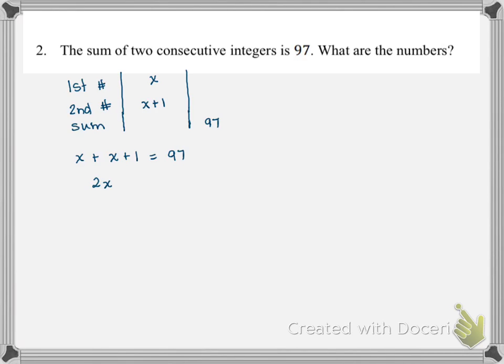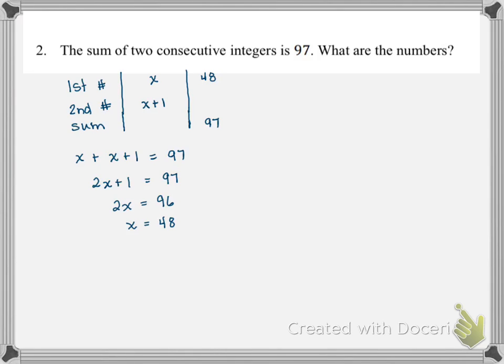So 2x plus 1 equals 97, which means that 2x equals 96. So x is 48. What did I just find? The first number, good. And you can put it in your table.